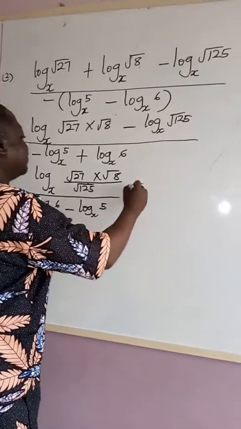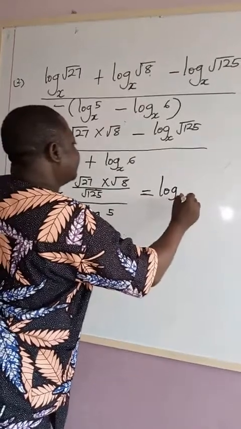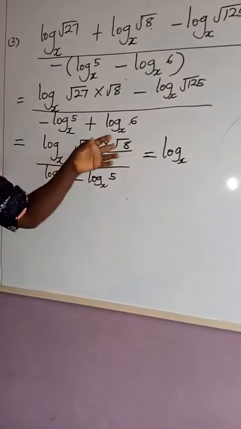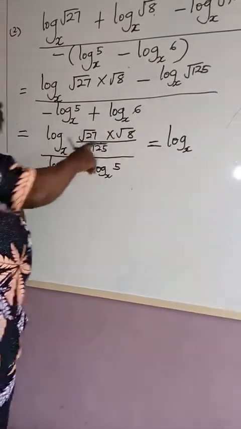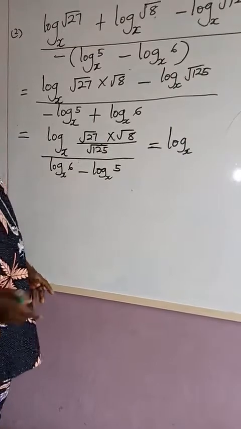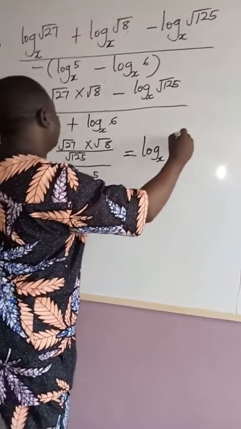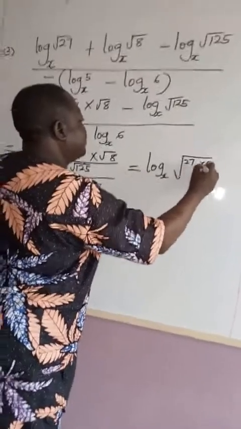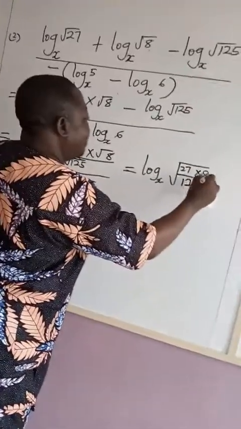Then this is equal to logarithm in base x of, now if you take a look at this, according to the rule that guides the operation of sum, we can rewrite this as square root of 27 times 8 over 125.